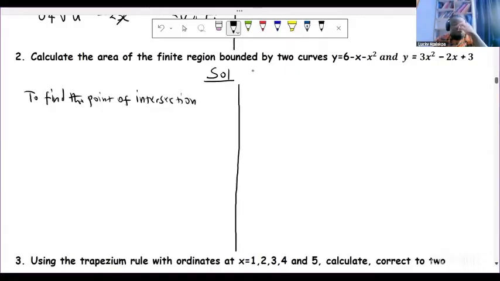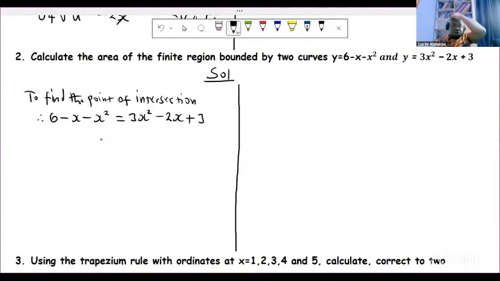Now, to find the point of intersection, since both of them are y, equate them together. Therefore, we can say that 6 minus x minus x squared will be equal to 3x squared minus 2x plus 3.